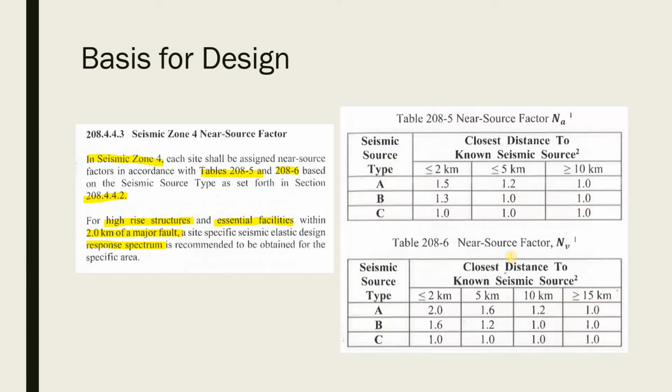Okay, so we have here the table. Okay, ito yung sinasabi kanina, no, na dinagdag sa 2 kilometers sa near source factor natin. So we have here the near source factor sub A and then sub V. Okay, so kailangan para magamit natin yan, alam natin yung seismic source type natin, kung saan tayo nagfo-fall, kung nasa A, B, or C. Okay, so paano ba gamitin yan?